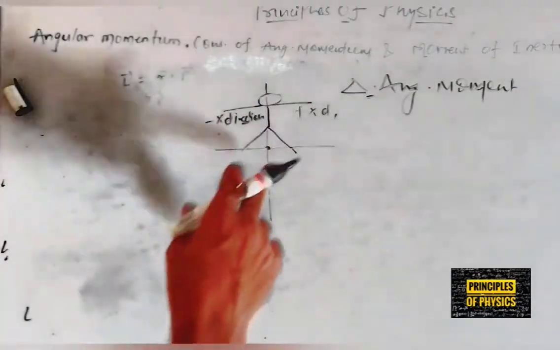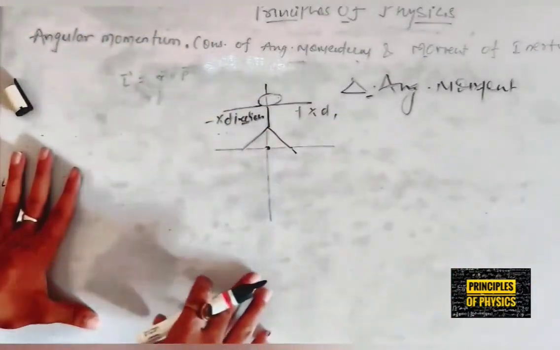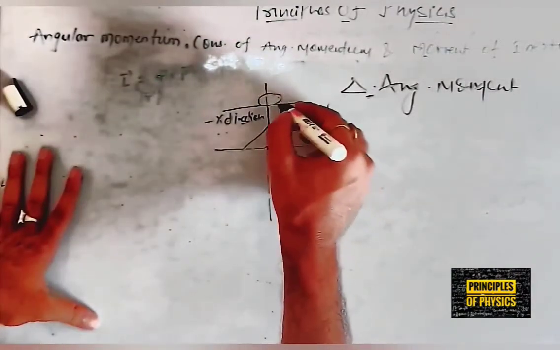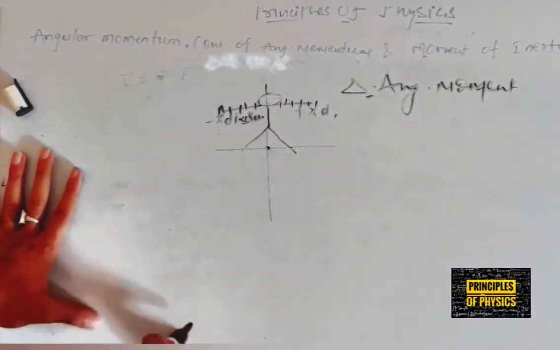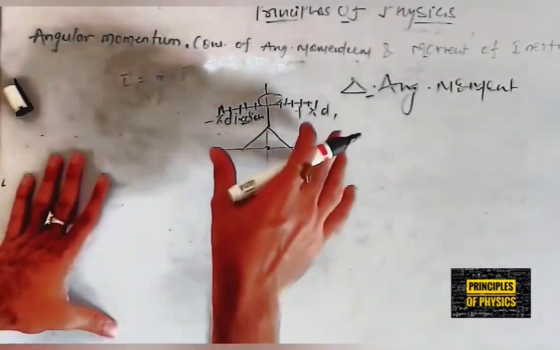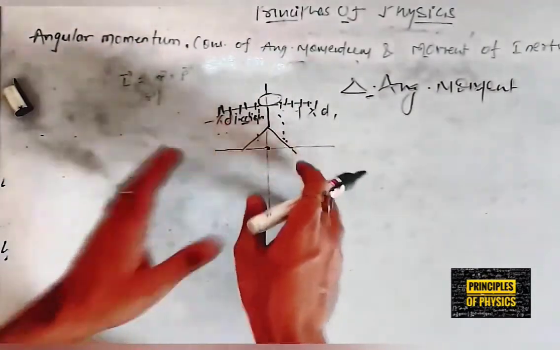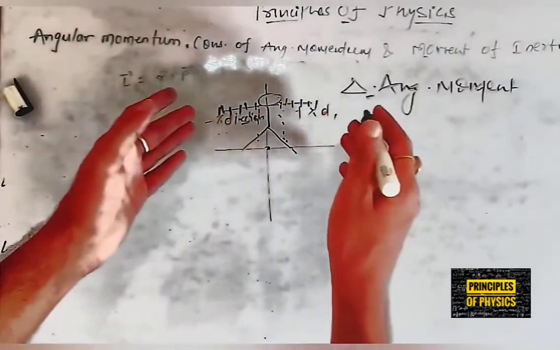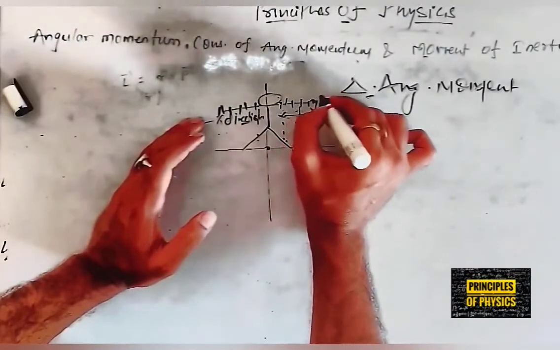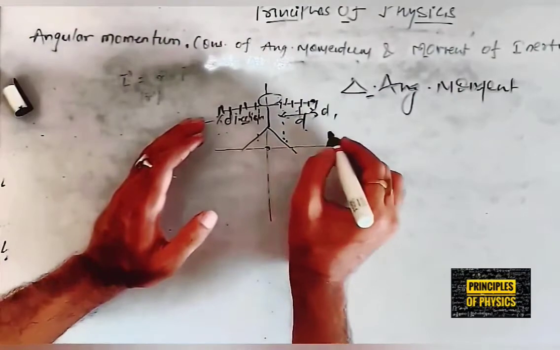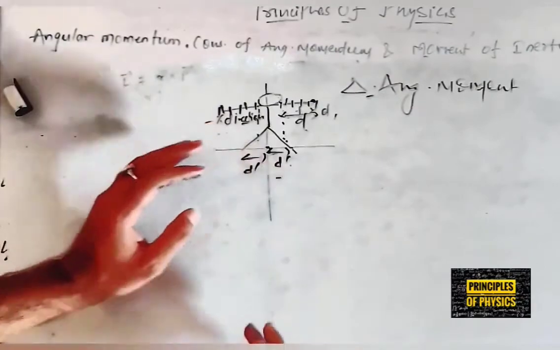So in this case, when his arms were spread out, the moment of inertia acts on this part. When he folds his arms, they come in this direction, and we can clearly see that the distance of the particles from the center changes from d to d dash, and d dash is less than d.